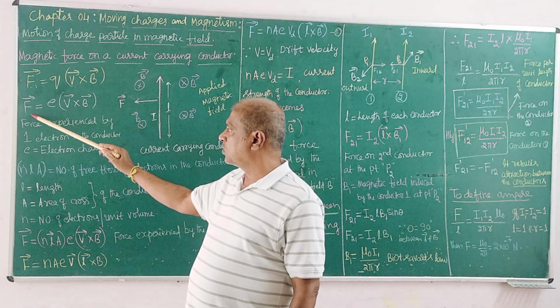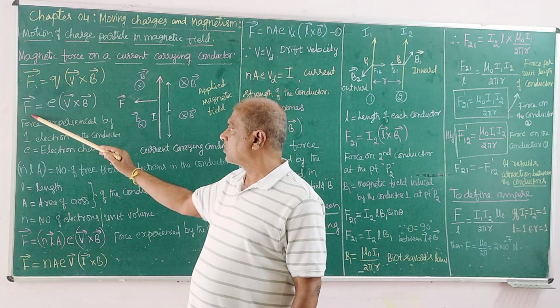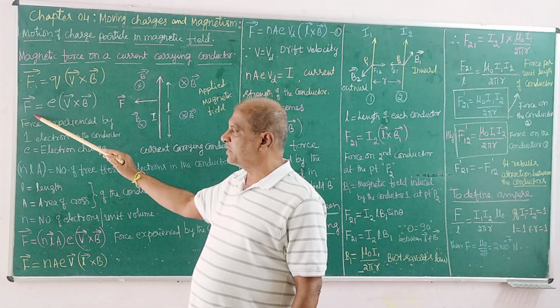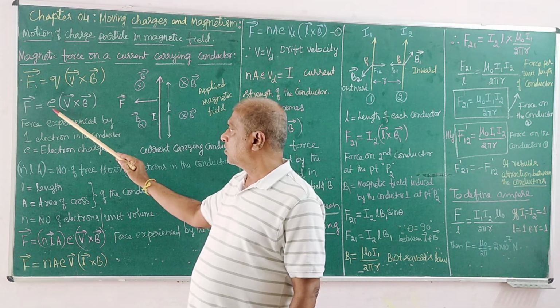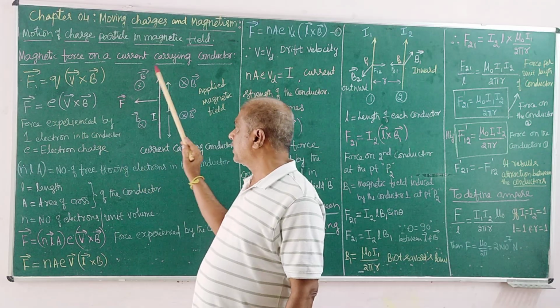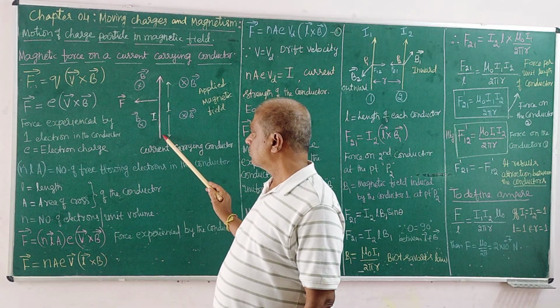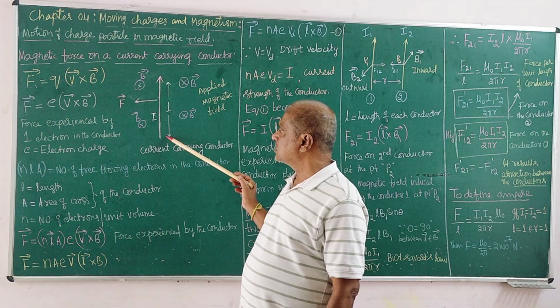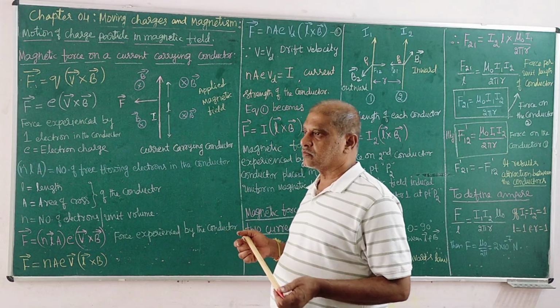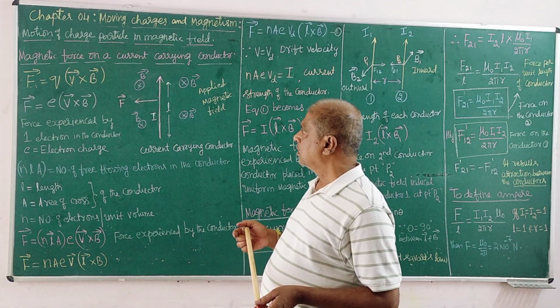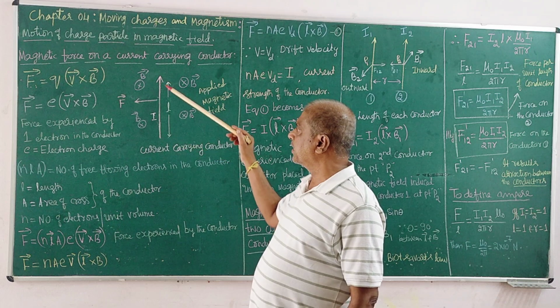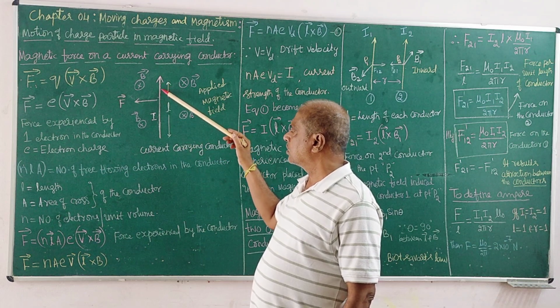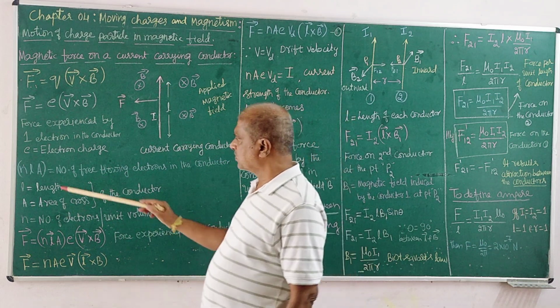This gives the magnetic force experienced by one electron in the conductor. But the conductor has not one electron, it has many electrons. How many electrons are flowing in the conductor? It is based on this equation.